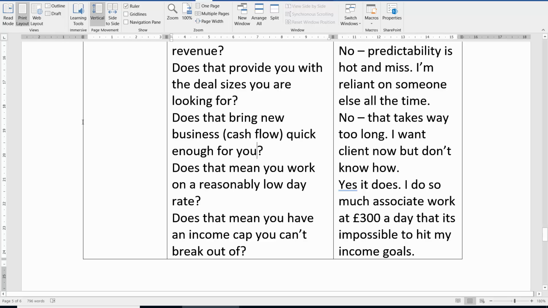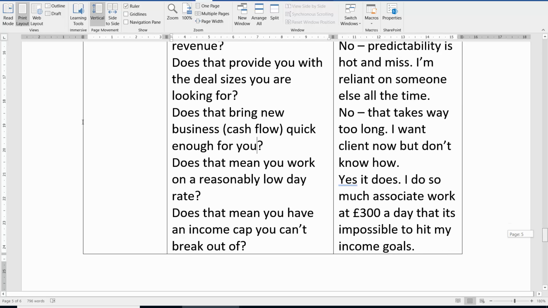So does that mean you have an income cap that you can't break out of? Because if you're being paid £300 a day, and you can only work 15 days a month, no matter what you do, you can never break out of that.